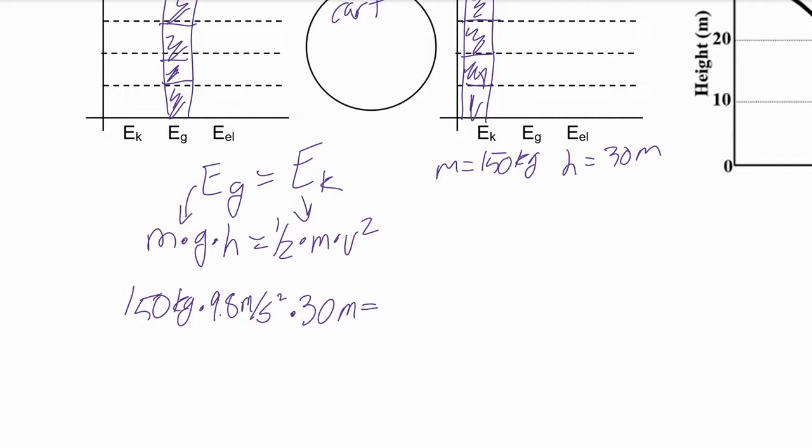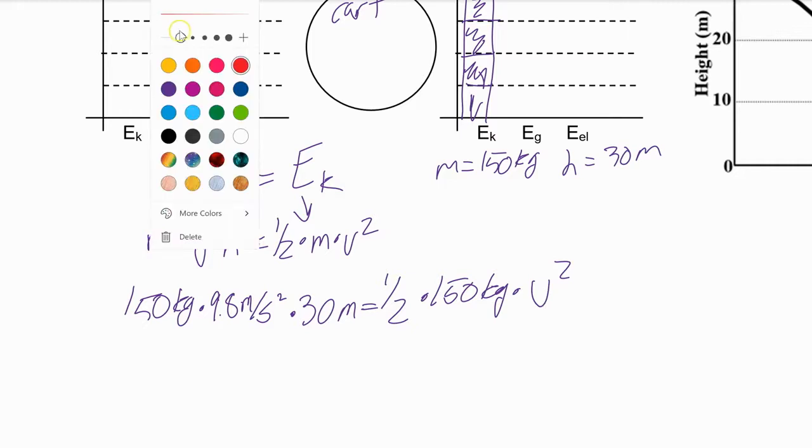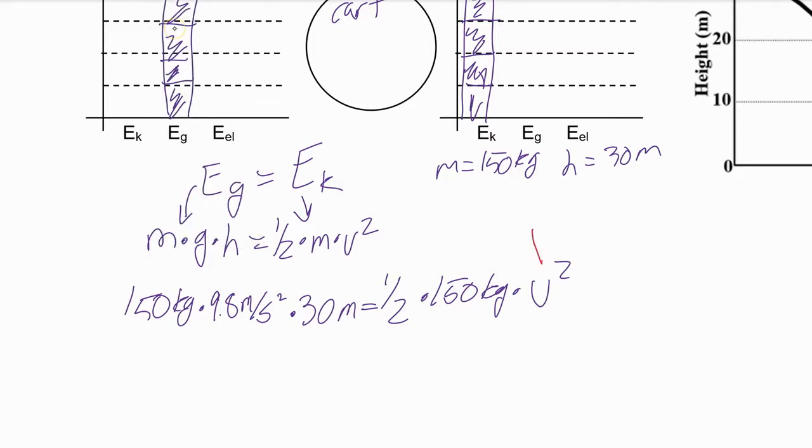So I've taken care of the left-hand side. That equals 1/2 times the mass, which is 150 kilograms, times velocity squared. Now the velocity is what we're going to solve for this time.